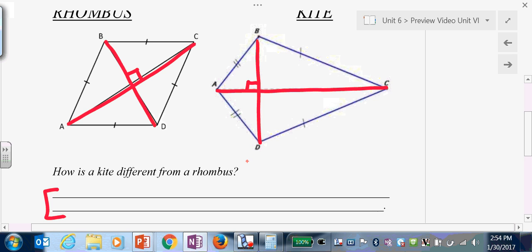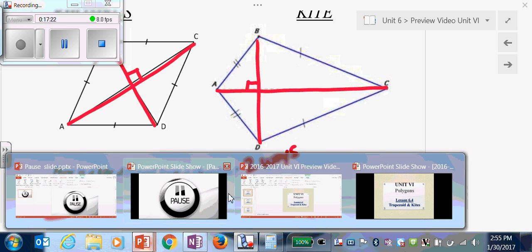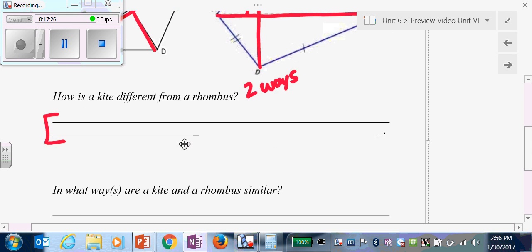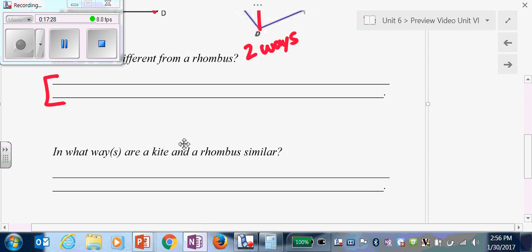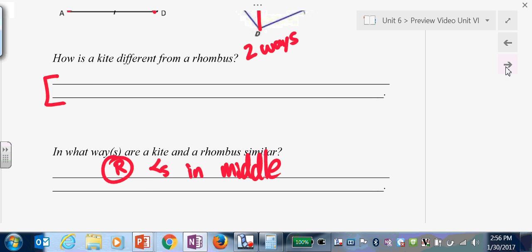I want you to come up with at least 2 different ways that they are different. Okay, now that you've differentiated, say how they are similar. They were similar, of course, because they have right angles in the middle.